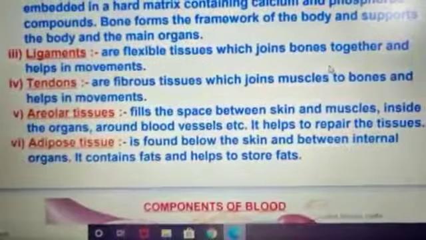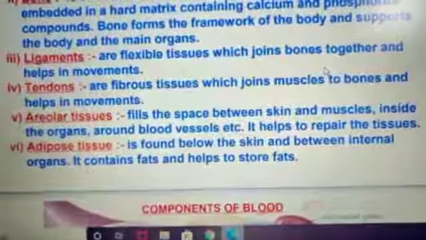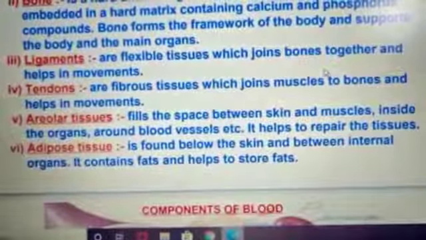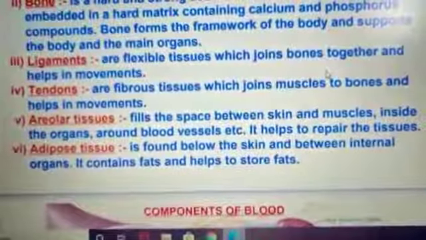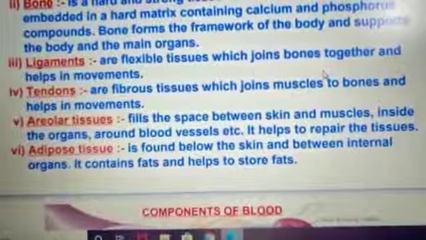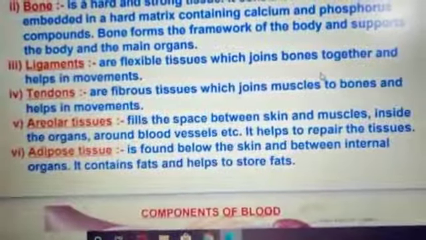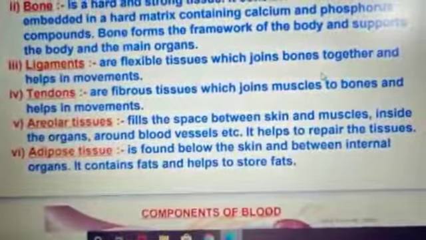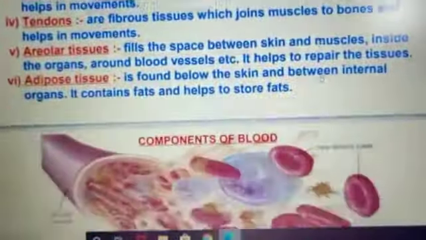The next one, adipose tissue, is found below the skin and between the internal organs. It contains fat and helps to store fat. So areolar tissue helps in joining skin and muscle, and adipose tissue helps in storage of fat.